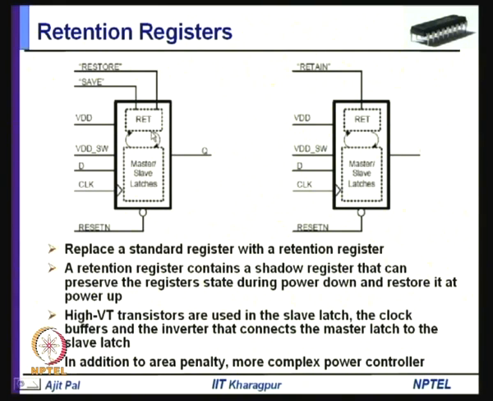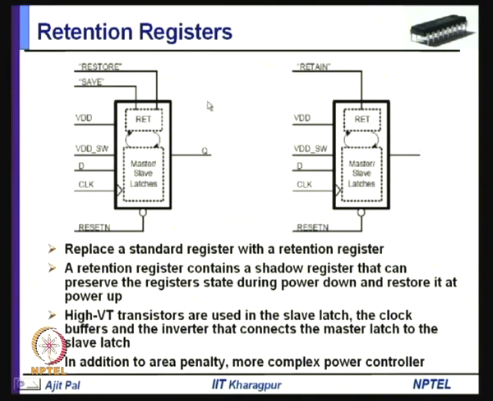You may be asking: whenever you are in the power gated block, this part is switched off, not this part. That is the reason why you have two power inputs. So, this is the switched, gated VDD. The master will receive this switched power, and on the other hand the slave registers will require non-gated power, because they have to store the information. Now, this will require additional control signals coming from the controller: save and restore. Before going to the low power state, you have to save, and before you wake up, you have to restore.